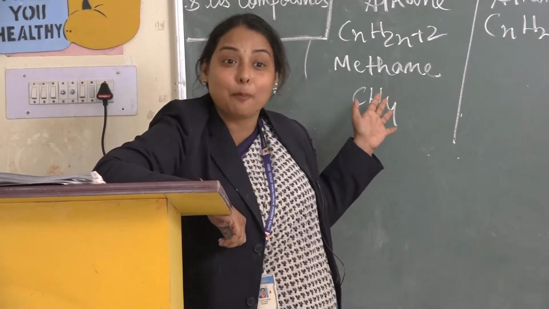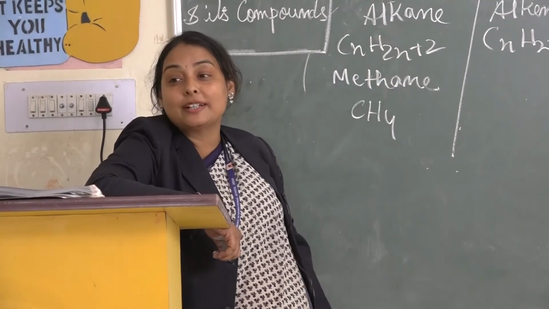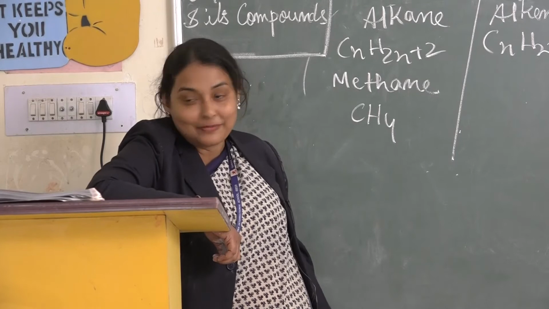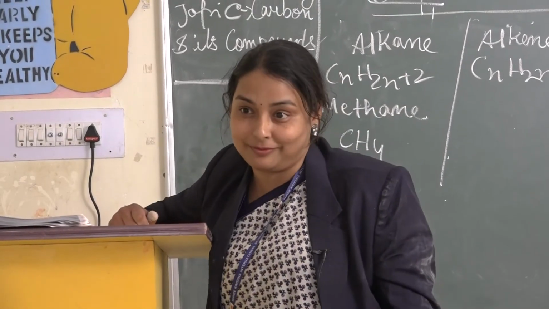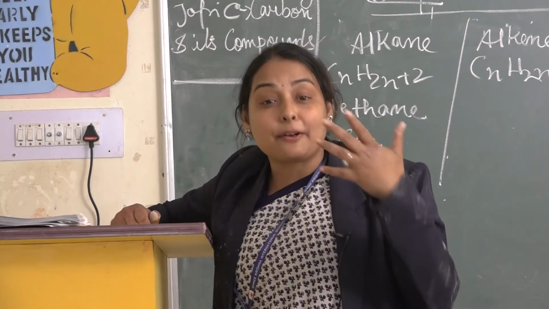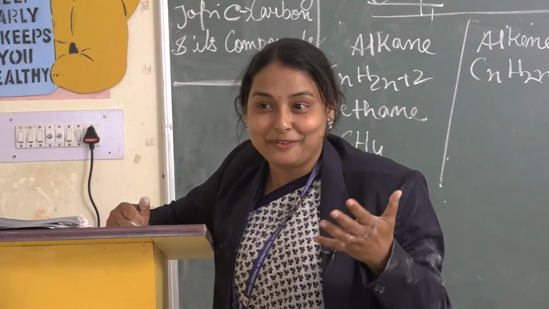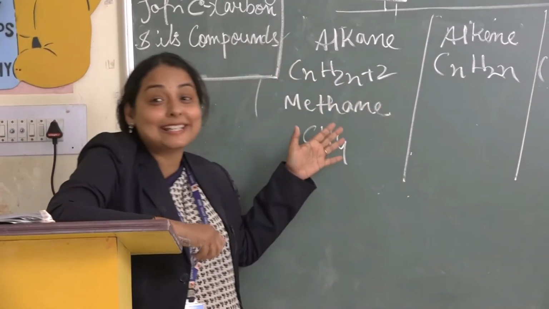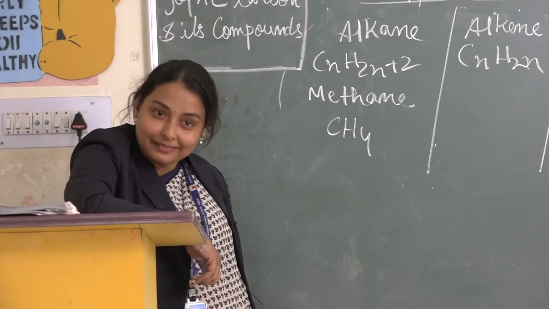Regarding the bonding, we can easily give the name, which we call a word root: ANE, ENE, YNE, these are word roots. Then we will go for the primary suffix and secondary suffix, which we will come to a little later. First we should know the series, how we arrange the carbon in alkane, alkene and alkyne.